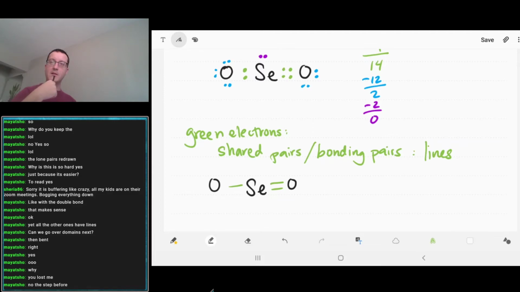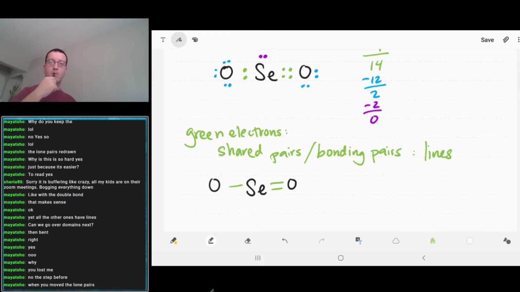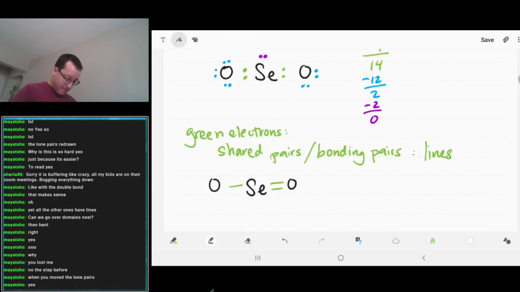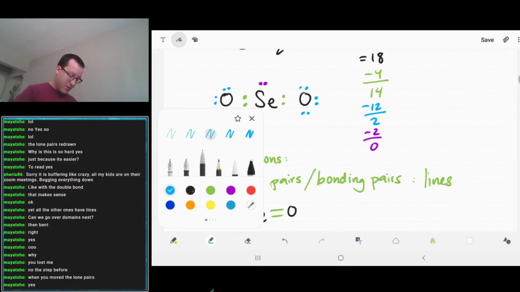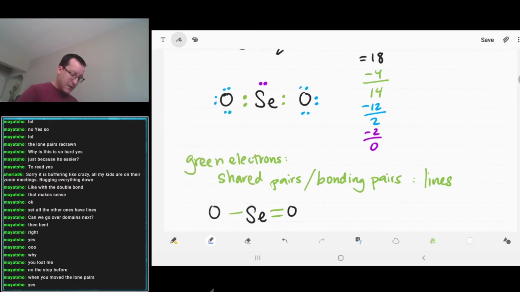Making the double bond? Okay, so let's go back a step. This is what it was before. If we look at our number of electrons, this oxygen here has 2, 4, 6, 8 electrons.